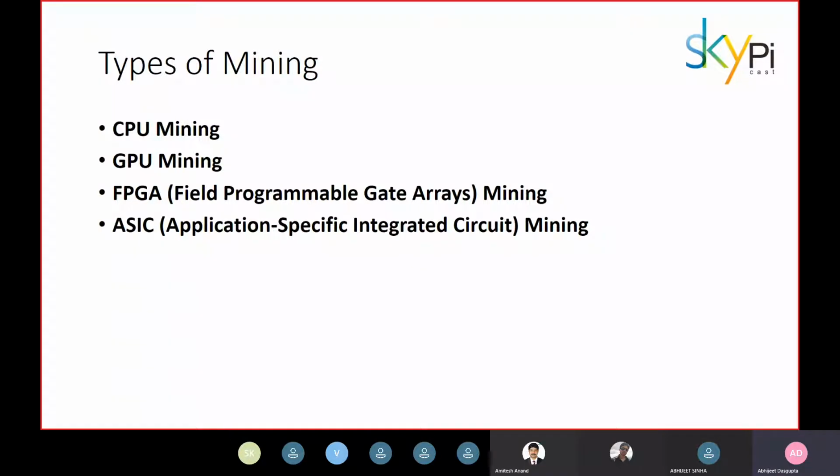When we come to the next topic, GPU miners are drastically faster and more efficient than CPUs.